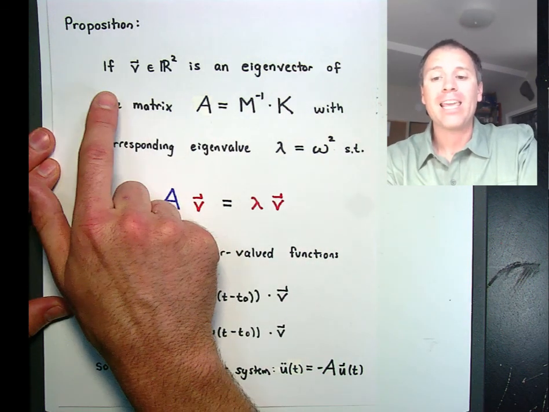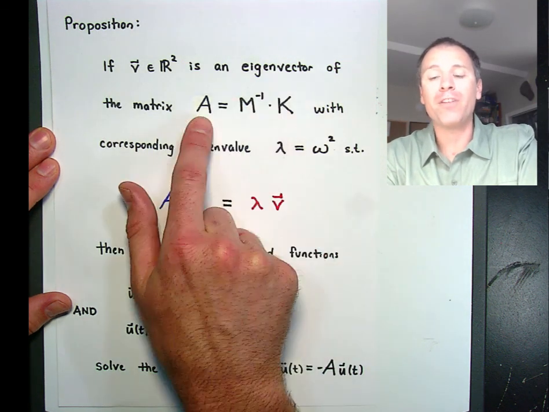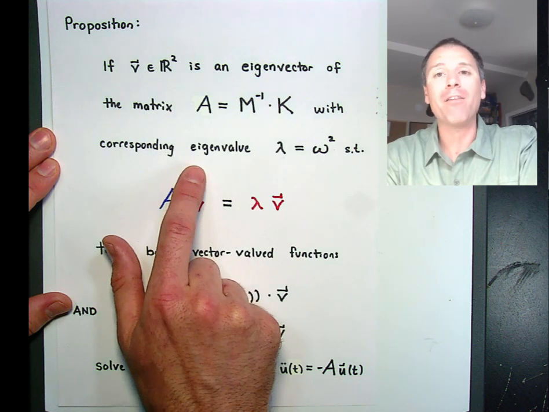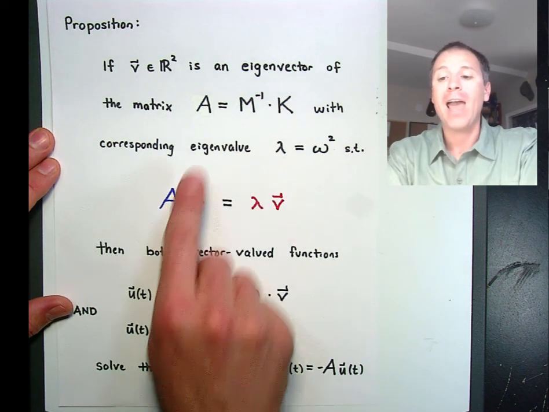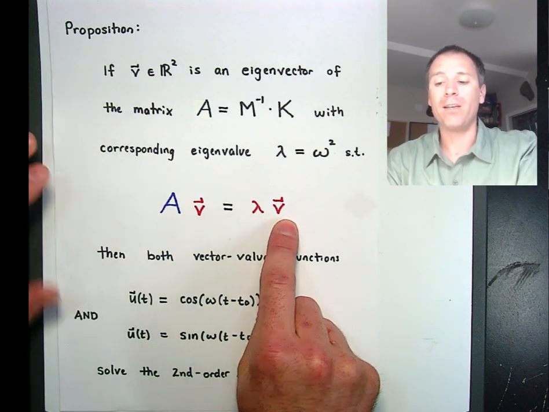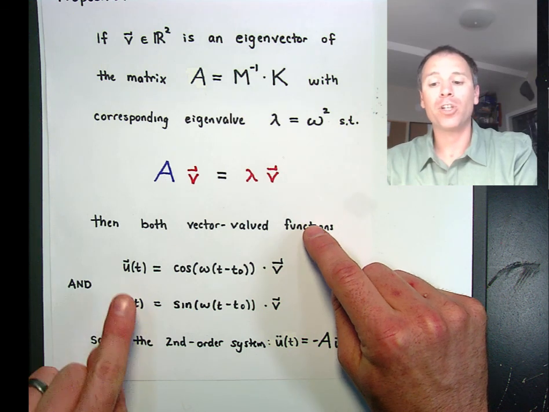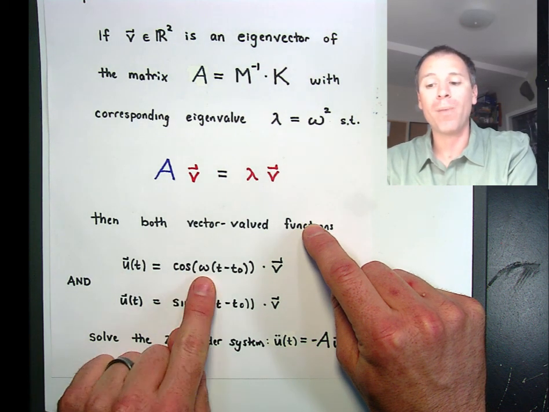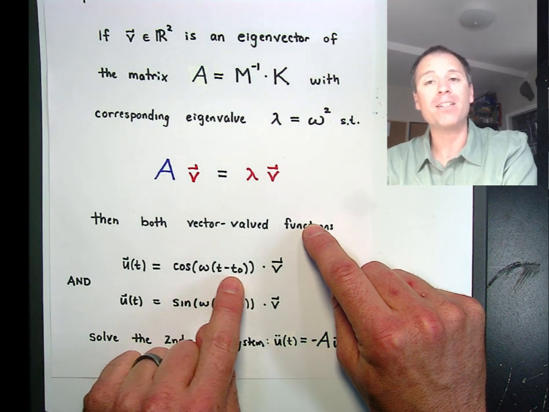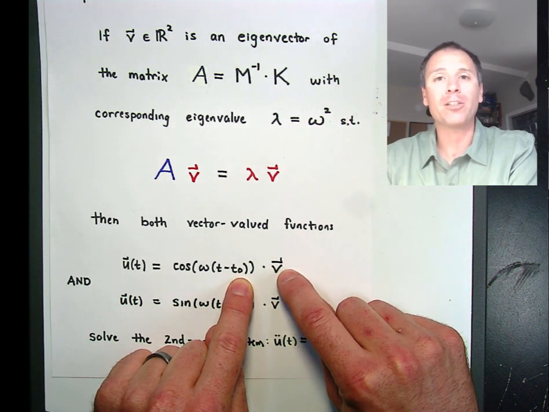Proposition. If I have a non-zero vector v that is called an eigenvector of this matrix, with an associated eigenvalue lambda, in other words, if A times v is equal to lambda times v, then if I look at the vector valued functions, u of t is cosine omega times quantity (t minus t naught), entire function output multiplied by non-zero vector v.